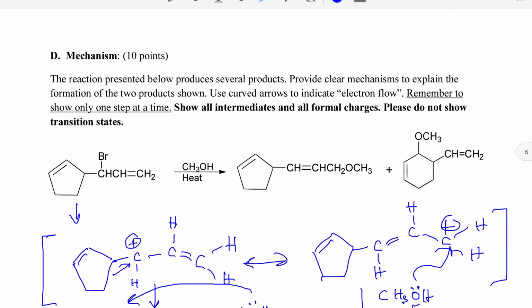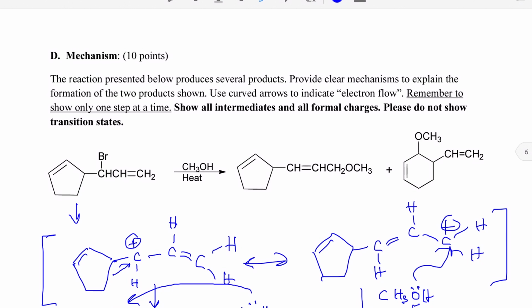So let's start off. We have our substrate, and it reacts with methanol under heat to produce these two products to the right.